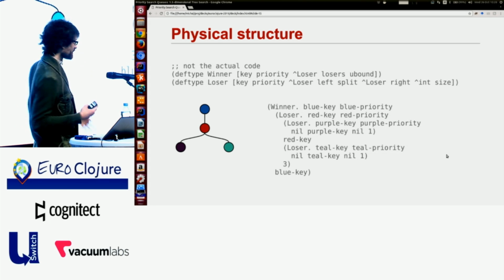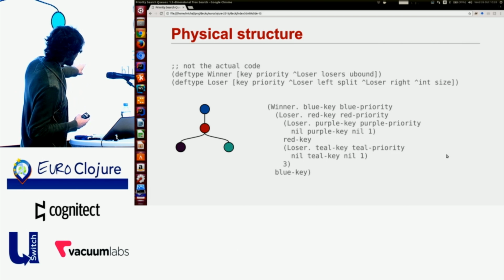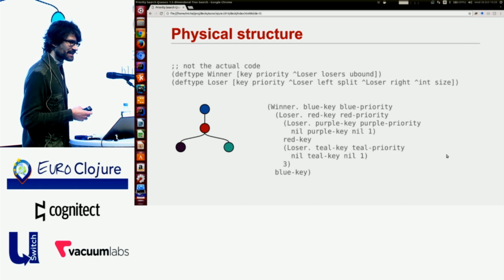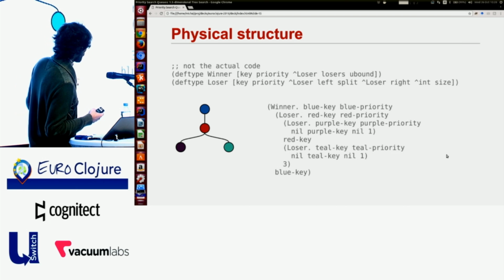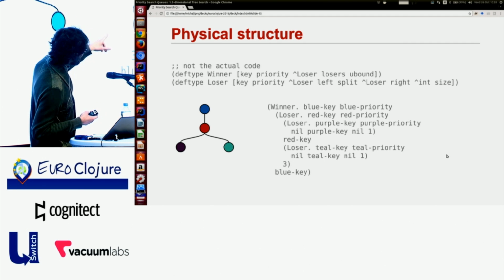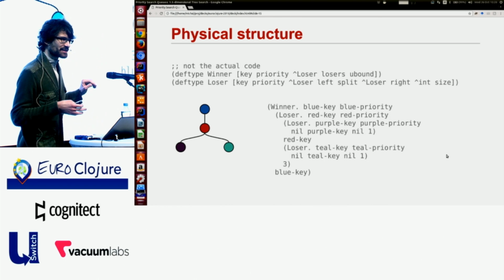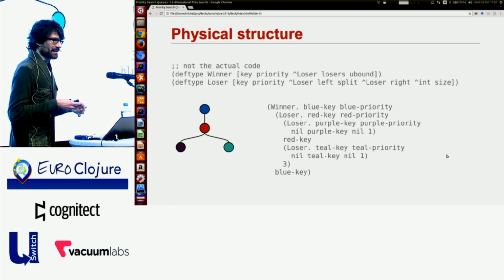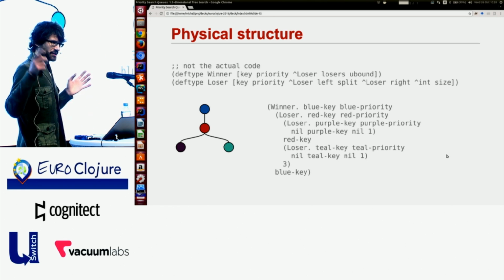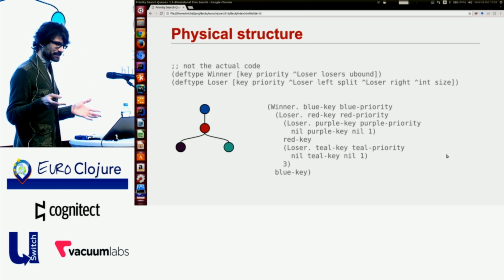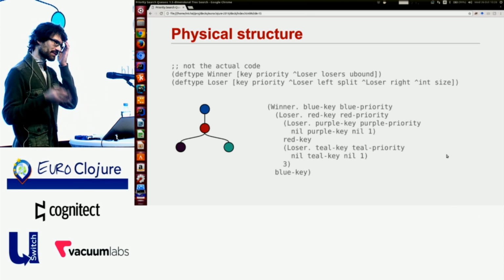It's a binary search tree. And then it stores another copy of the blue key in this instance. And what it does, well, if you look at the def type up there, the field is called ubound. That stands for upper bound. And this is the maximum key that occurs in the overall pennant. And hopefully the reason why we need one will become apparent in a second.